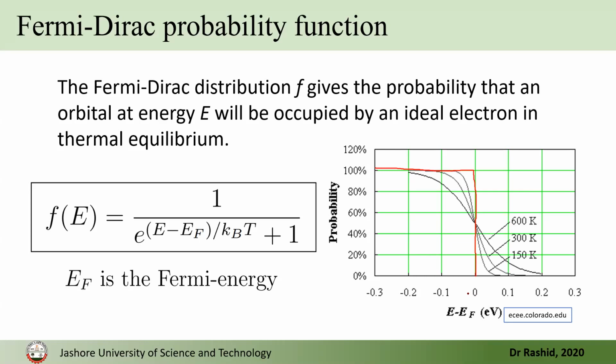This is obvious because at 0 Kelvin, for a semiconductor, the valence band is filled and the conduction band is empty. As the temperature increases, the number of electrons tends to transfer from the valence band to the conduction band. If you have higher temperature, you have more electrons in the conduction band. And this shows the same.